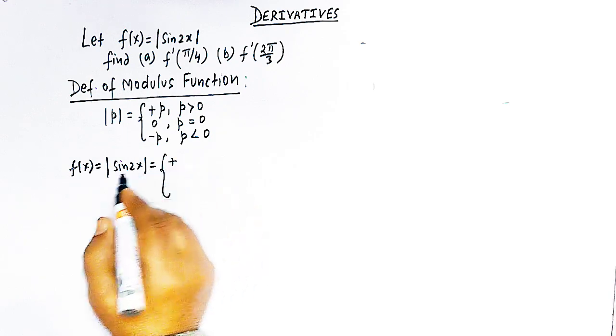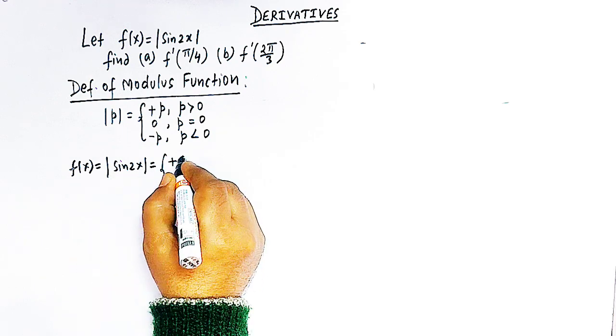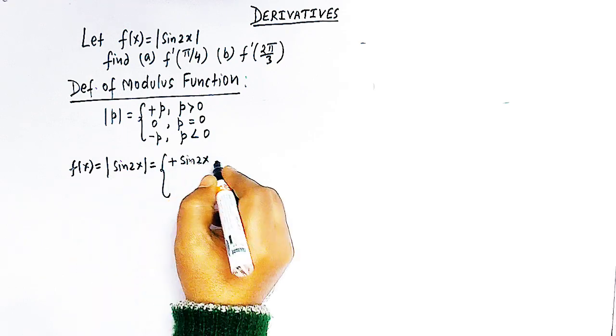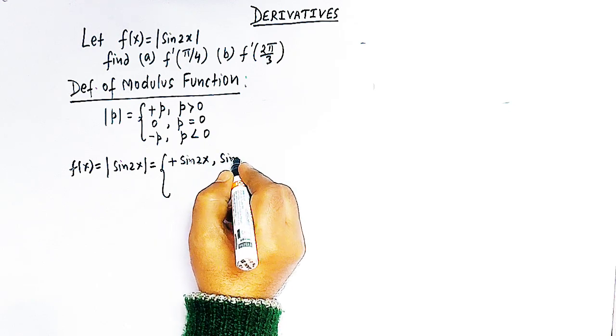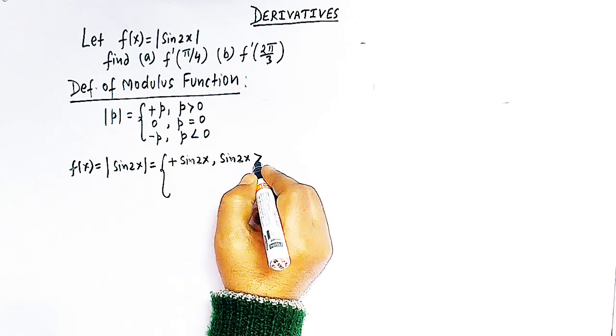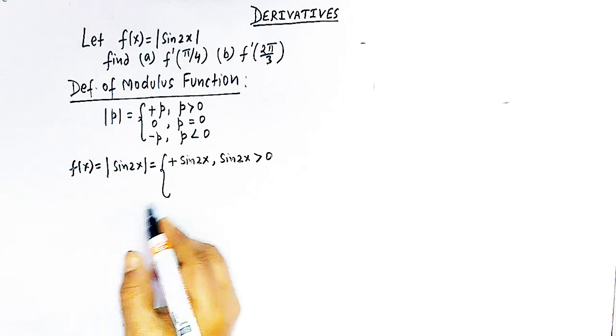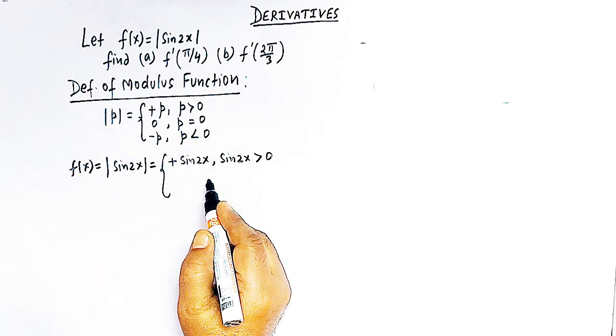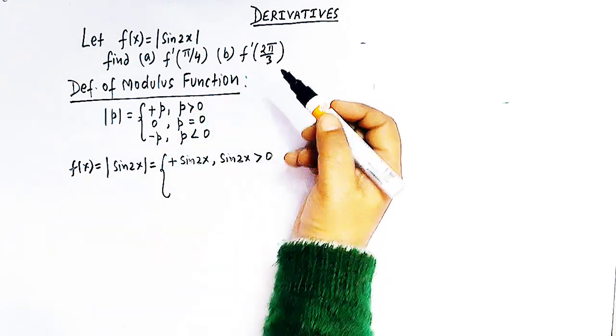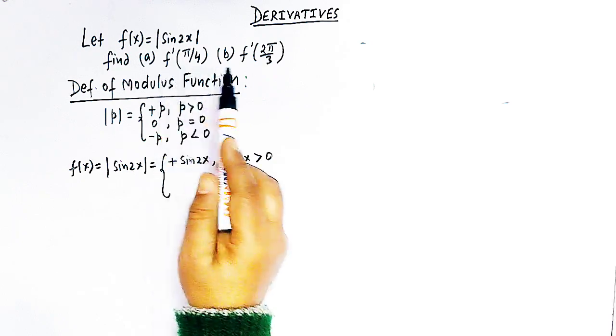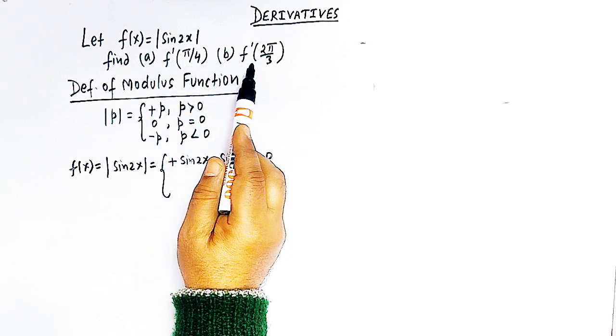So we have mod of sine 2x is positive sine 2x whenever sine 2x is greater than 0, right? Because this concept is going to be very important while solving these types of problems.